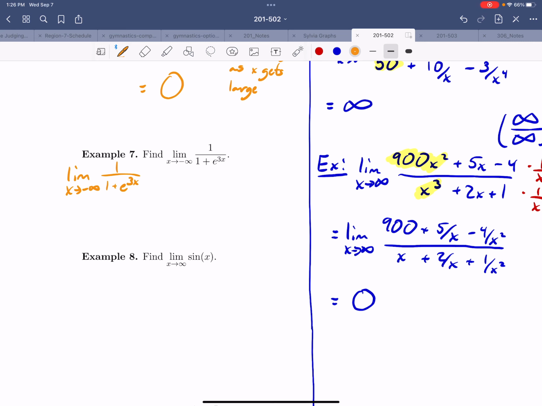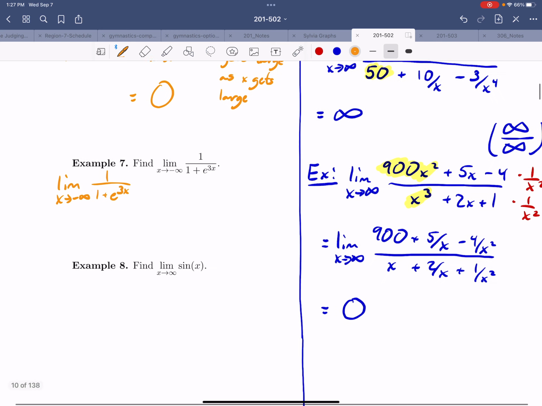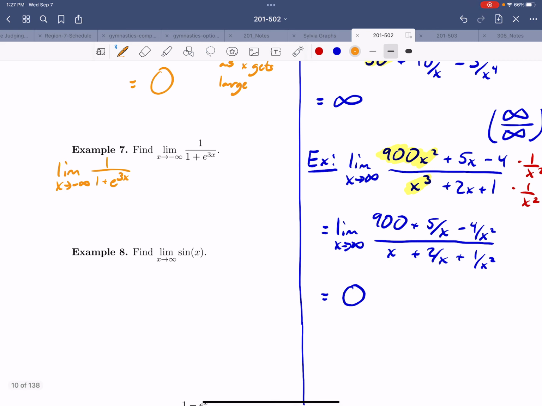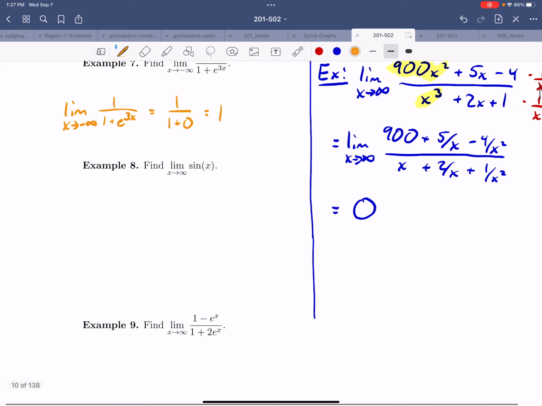So we talk about raising e to the negative 100, negative 1,000,000, negative 1,000,000,000, 1 over e to that tiny, tiny number, right? Which we just said was 0. So this approaches 1 over 1 plus 0, which is just 1.